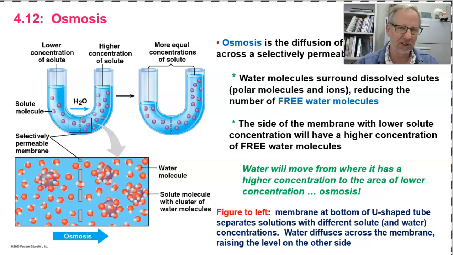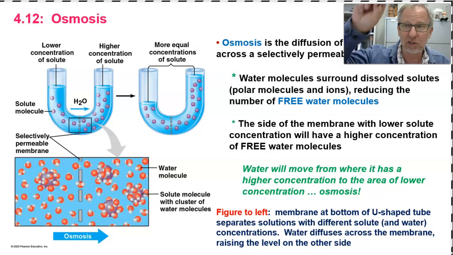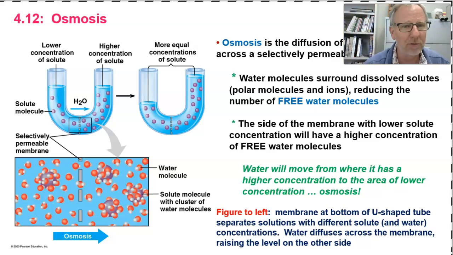So the figure on the slide here is showing you an apparatus, like this U-shaped test tube kind of thing. And in the middle of that U-shaped apparatus, there's a membrane, a selectively permeable membrane that allows water molecules, free water molecules, to move across, but it doesn't allow the solutes to get across, and water molecules that are surrounding those solutes, they're not going to cross.